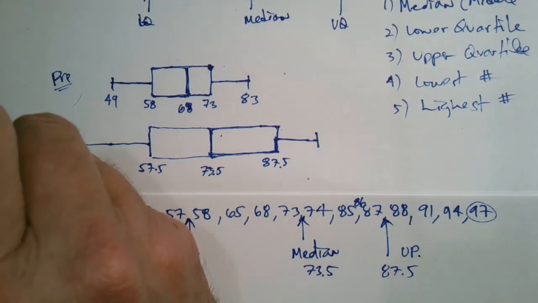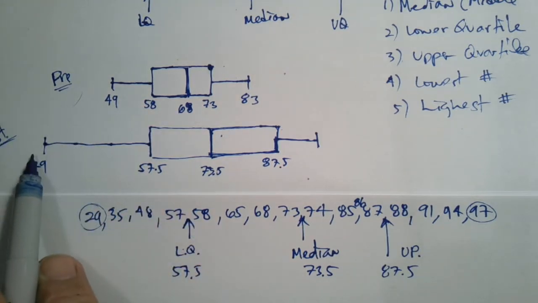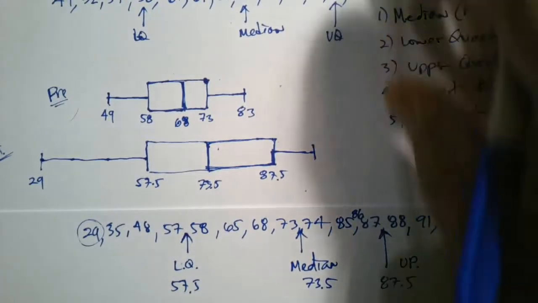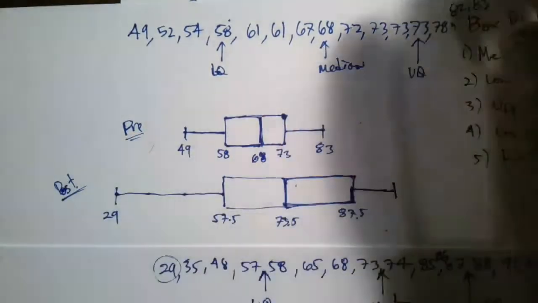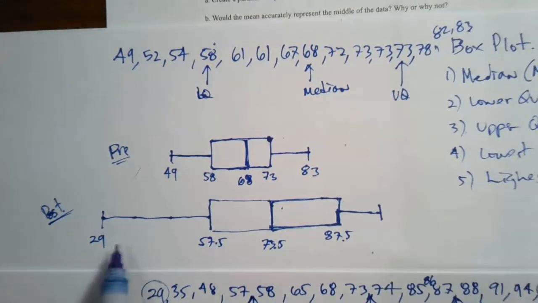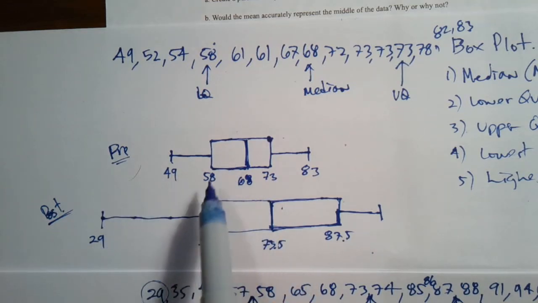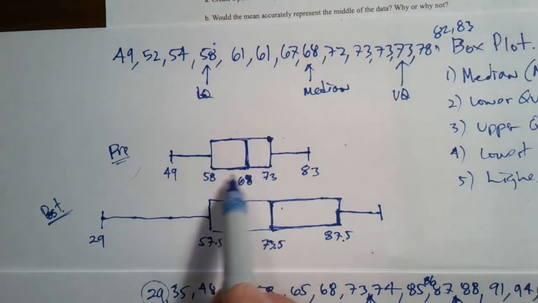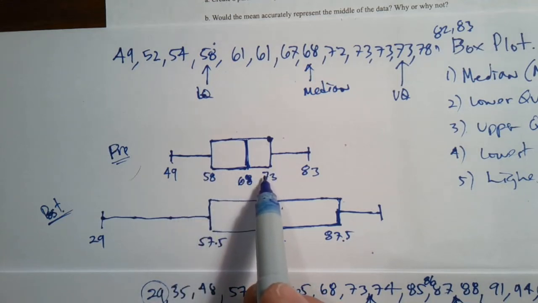So right away, we can see that the data for my post-emergent thrushes are really spread out in comparison to my pre, right? My pre, you can see that 50% of the weights of the pre are between 58 and 73, right?